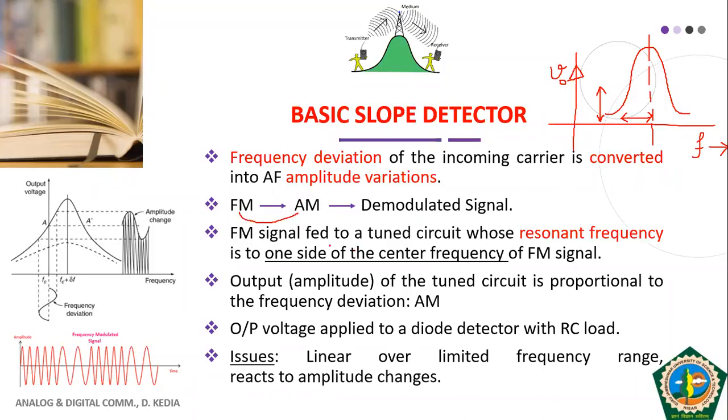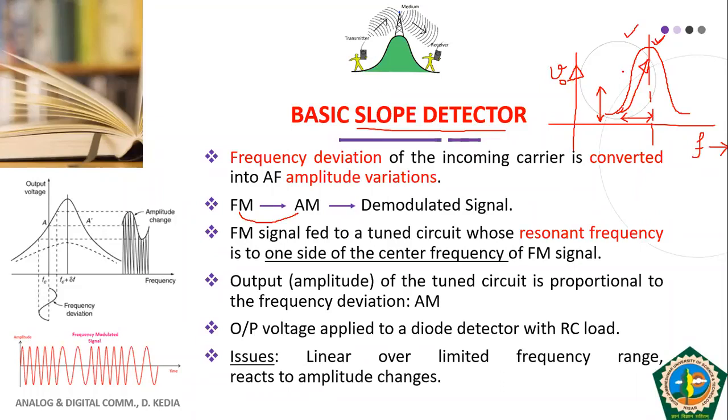Now the question is, why are we calling it a slope detector? See, at the center of the resonant curve, we have our resonant frequency. If you concentrate only on one side of the resonant frequency, we have a slope. This slope is changing on one side of your center frequency.